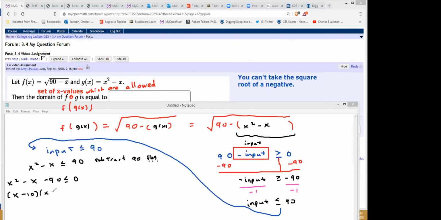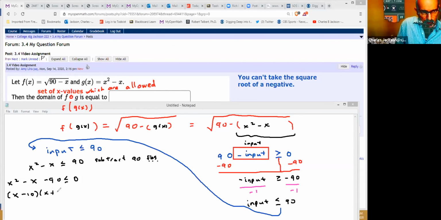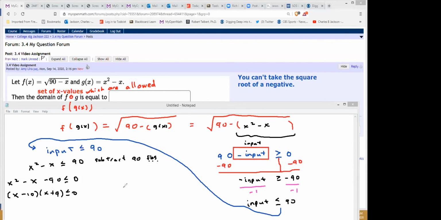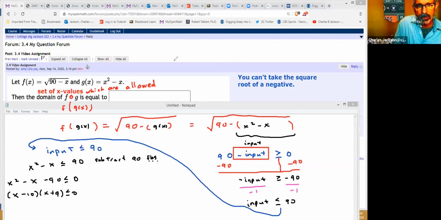Okay, so x minus 10, x plus 9 is how we could factor the left-hand side, okay? And a graph of that would look like this. Okay, so I'm going to graph y1 equals x minus 10, x plus 9.